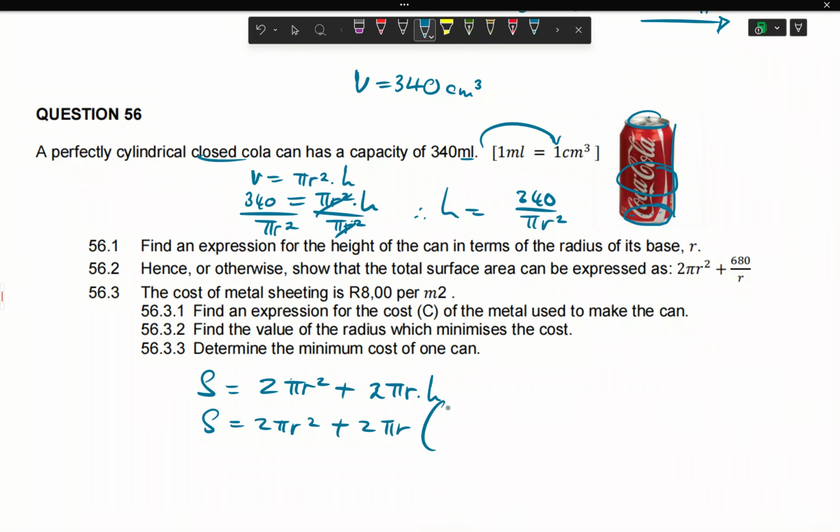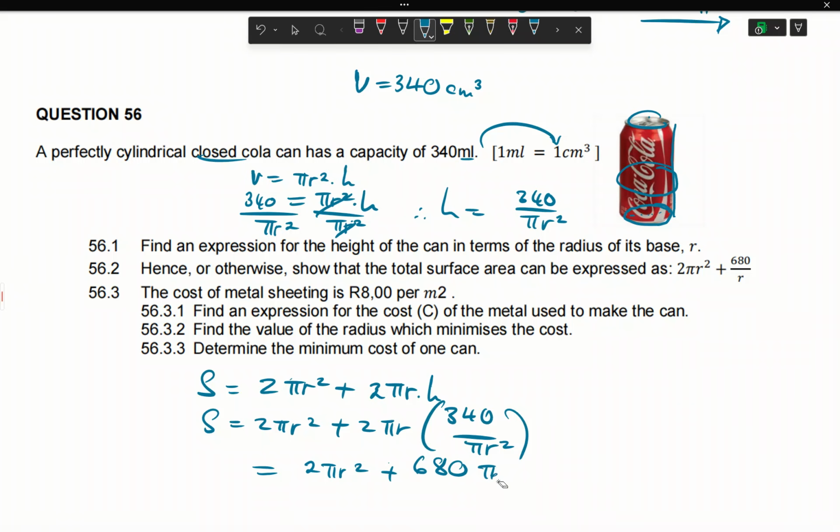The h is 340 all over pi r squared. So now you'll have 2 pi r squared plus, 2 times 340: 3 times 2 is 6, 2 times 4 is 8, 2 times 0 is 0, so 680, and then pi.